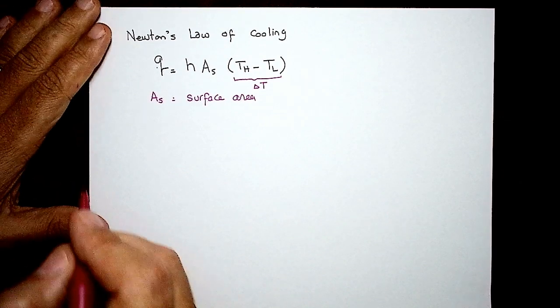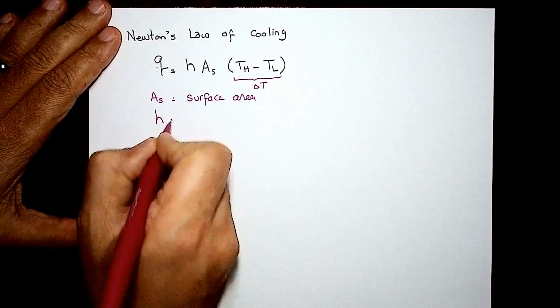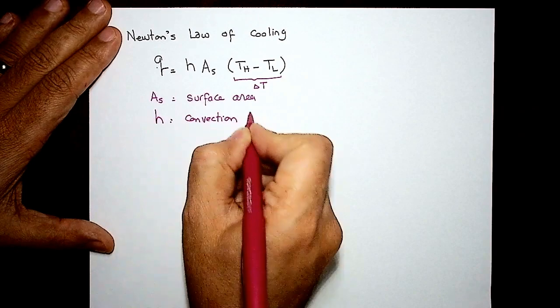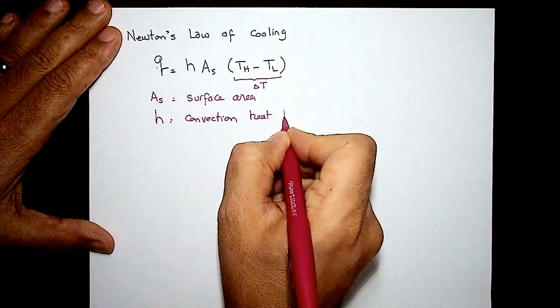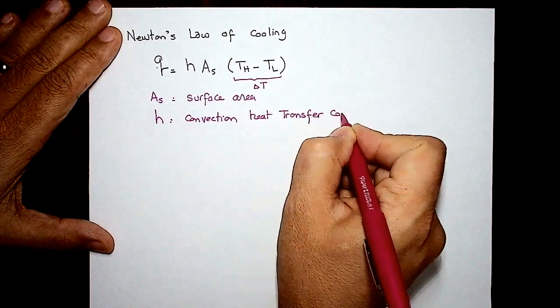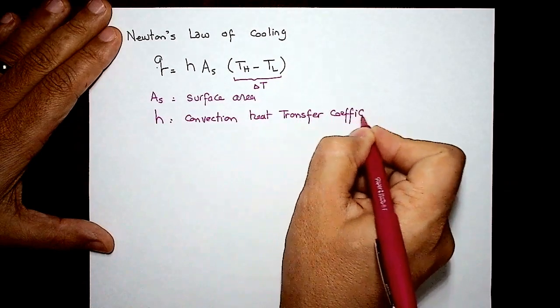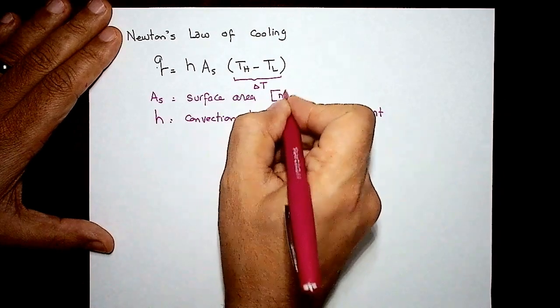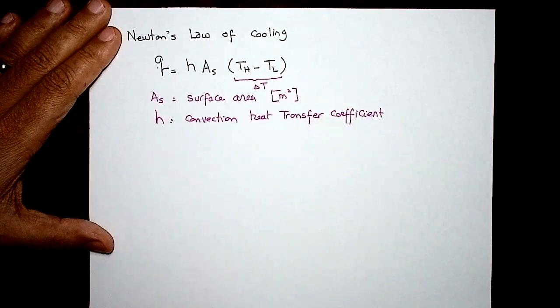And h is known as the convection heat transfer coefficient. The unit of the surface area is meter squared. Again, I'm simplifying by using the SI unit.